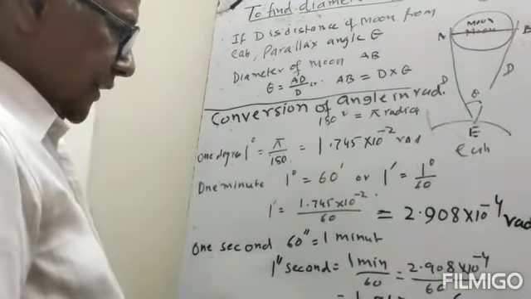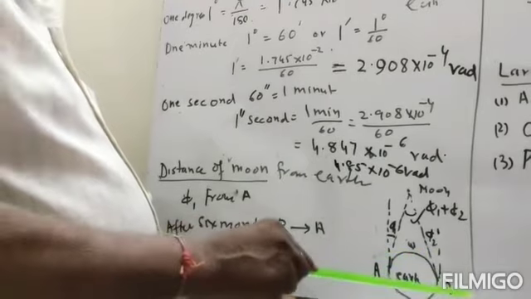Now we can also find the distance of the moon from the earth by another method. We know that the earth rotates around its axis, and in 6 months one end is replaced by the other. Suppose this is the earth, and at this time it is at A and this is at B. After 6 months B will be replaced by A and A will be replaced by this.